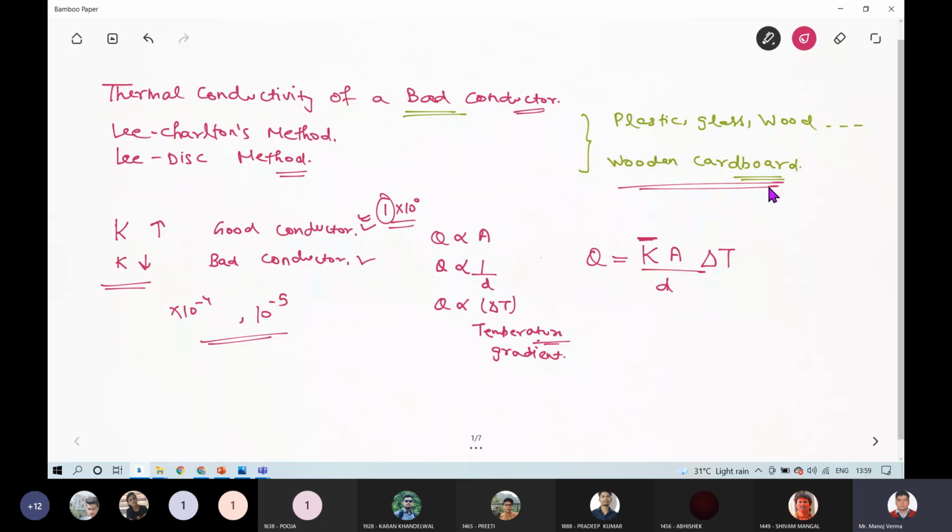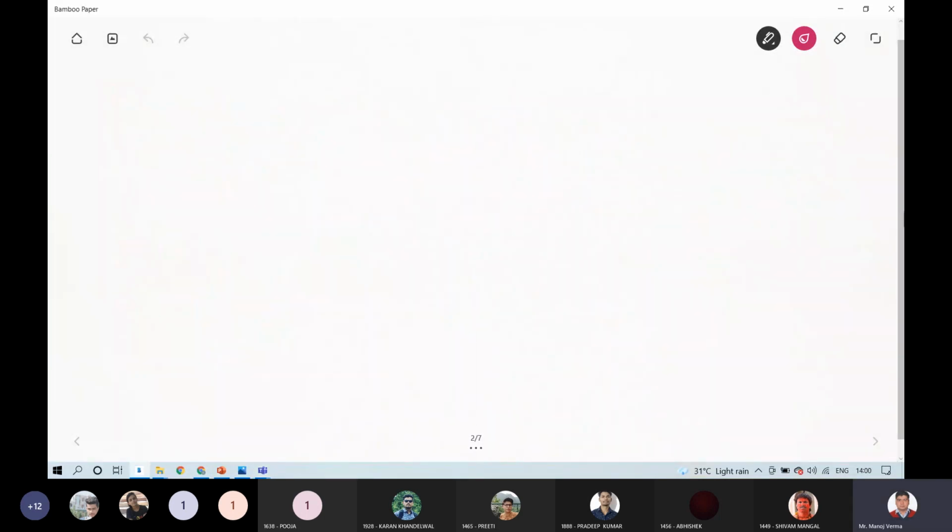So before going into details of this Lee-Charlton method, I will briefly explain. I will again start with Searle's method and then we will come back to the Lee-Charlton method. Okay.